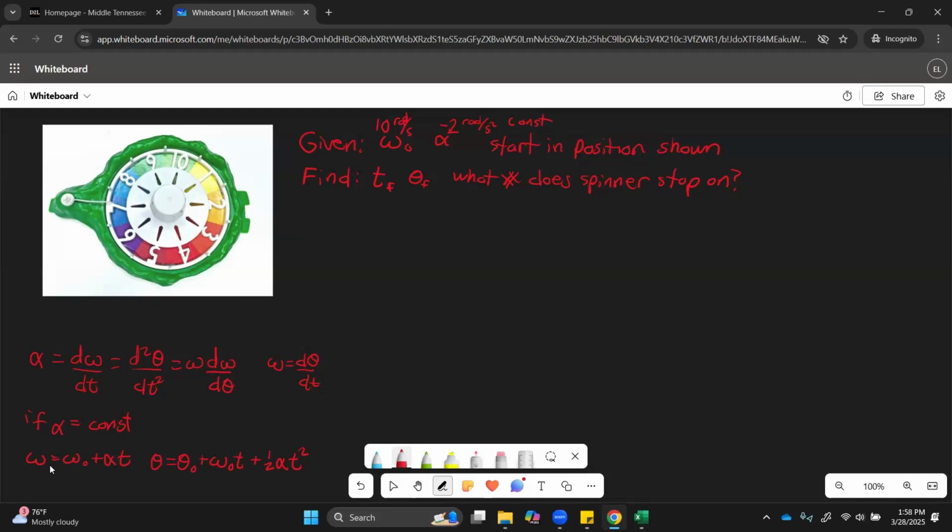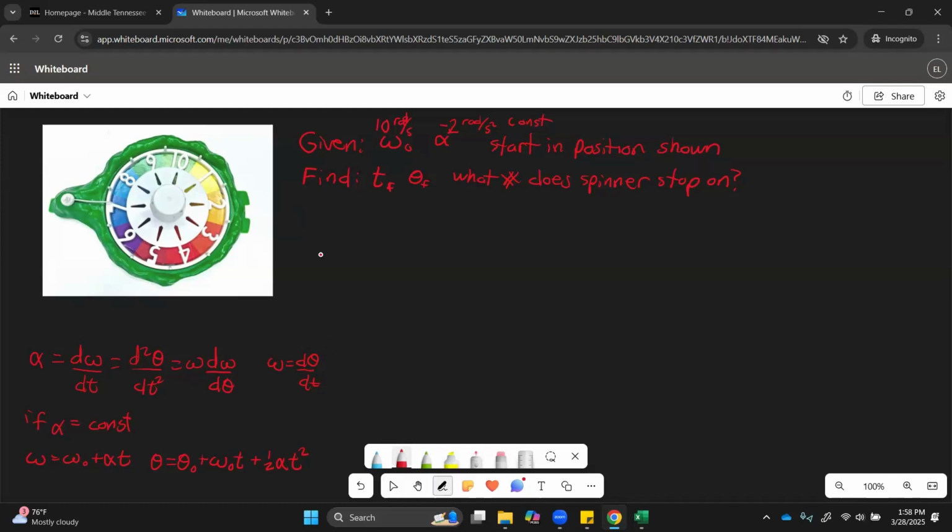Set it equal to 0 and solve for time. Then we plug that into the theta equation to find theta. Once we've found theta, we'll know how much the wheel has rotated, and based on where the 7 is, we can count back or forwards and find which number is on the spinner.